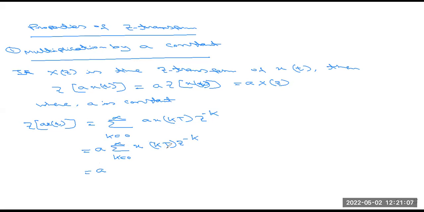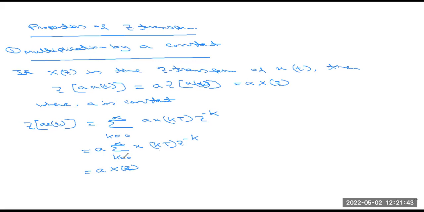Now we put in the values: k equal to 0, then k equal to 1, z to the power minus 1. Different values come, but the general function is X of z, a function of x of kT into z to the power minus k. We write this part as X of z, because this is a one-sided function.